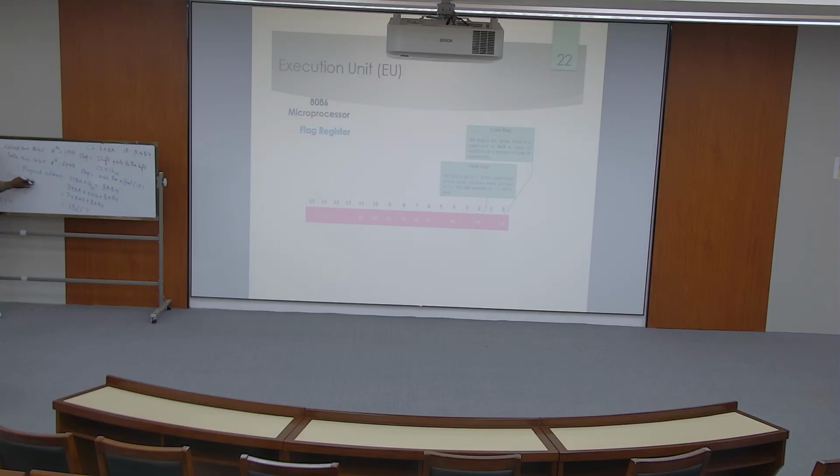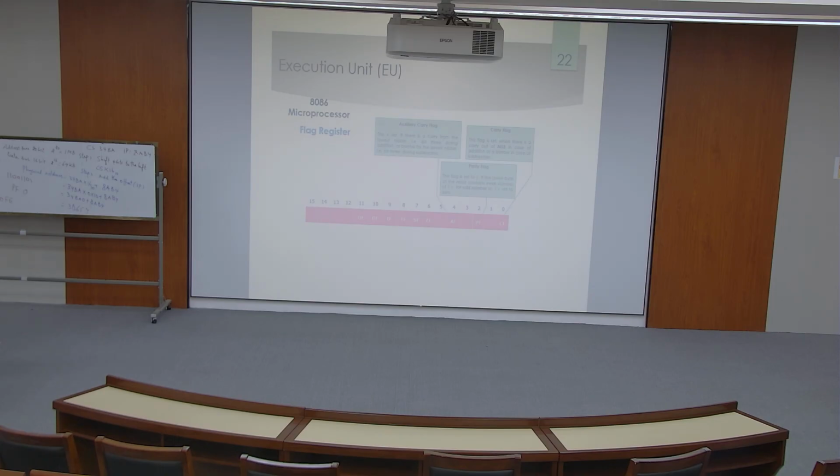For example, if the number of ones in the lower byte is odd, our PF will be set to 0. Clear? We need to count the number of ones in the lower byte. If we have an even number, our parity flag will be 1. If we have an odd number, our parity flag will be 0.